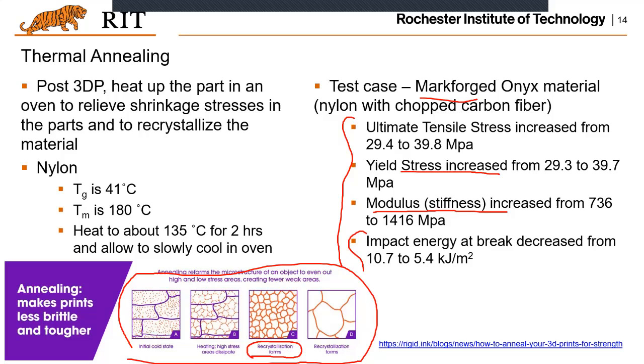That gives you some idea that it makes the part rigid, with higher stiffness, but more brittle after this process. That's why the impact energy at break decreases almost by half, right?